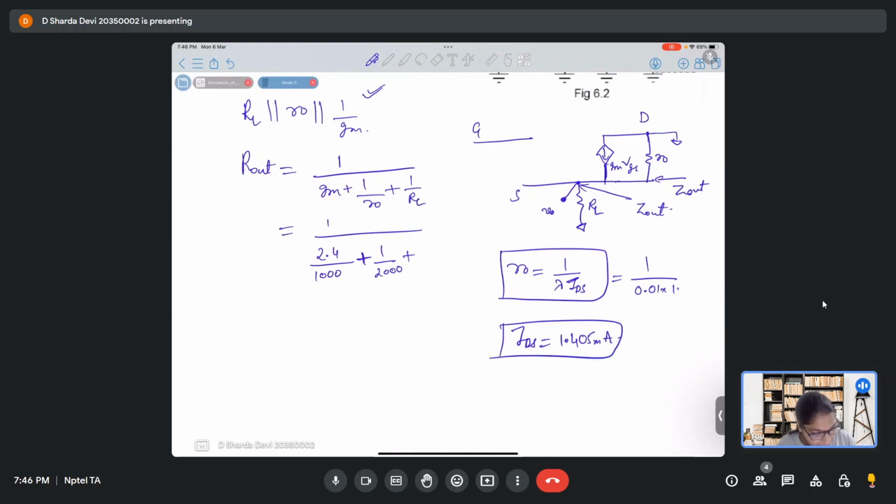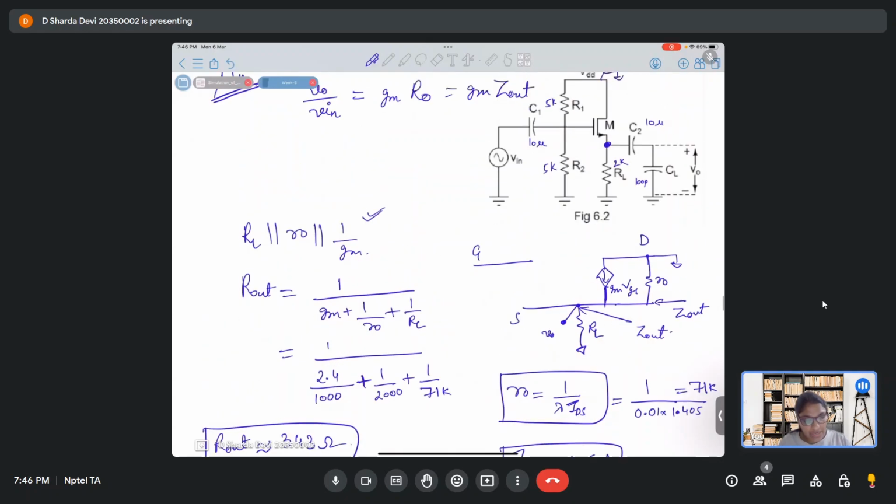So when I substitute it here, this is the value for R naught, which turns out to be 1 by 71K. So R naught turns out to be 343 ohms.